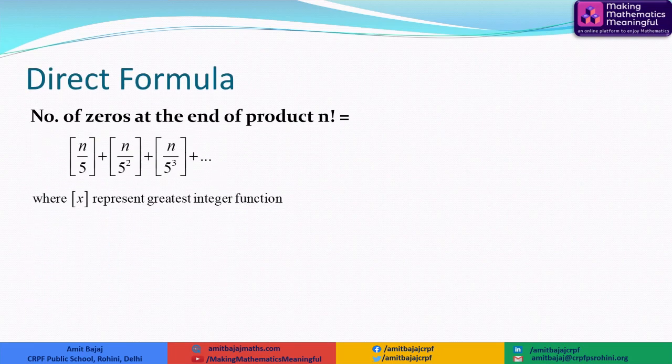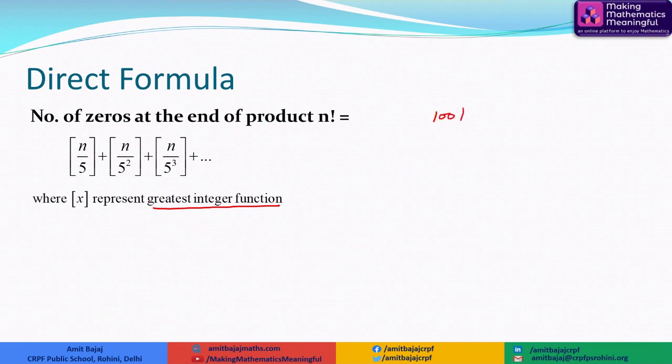Now there is a direct formula to find the number of zeros at the end of n factorial, which uses the idea of the greatest integer function. So for n factorial, take the greatest integer of n by 5, plus the greatest integer of n by 5 square, plus the greatest integer of n by 5 cube, and so on.